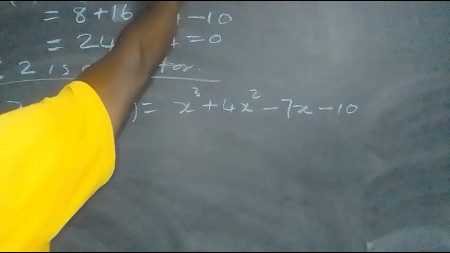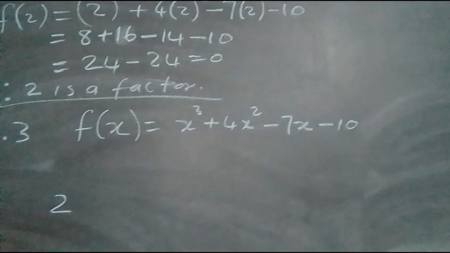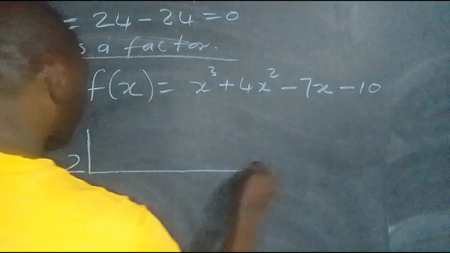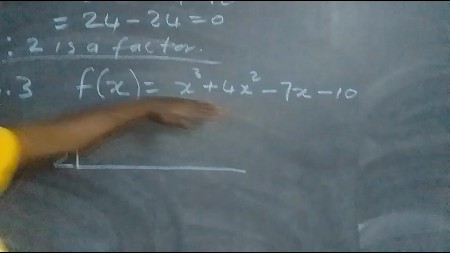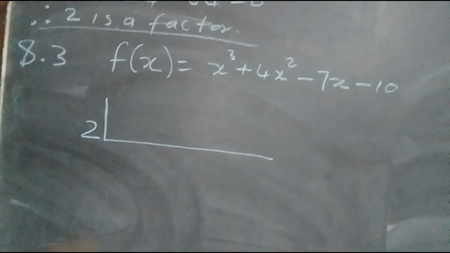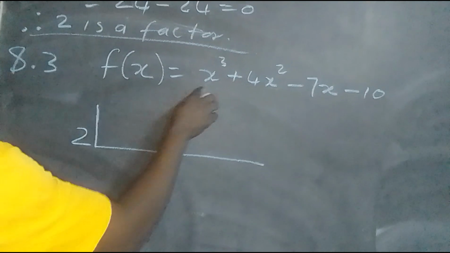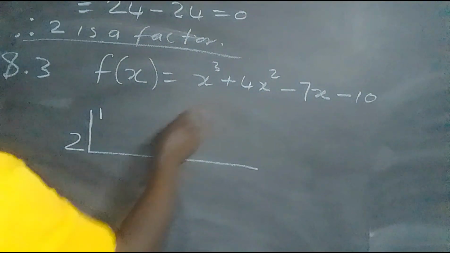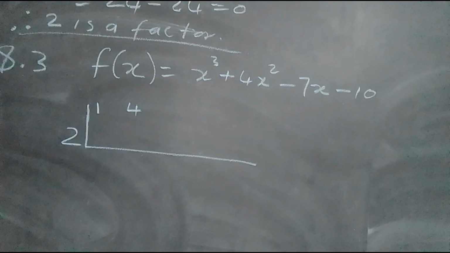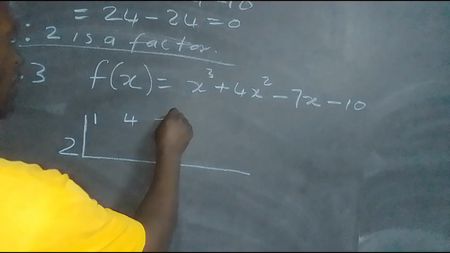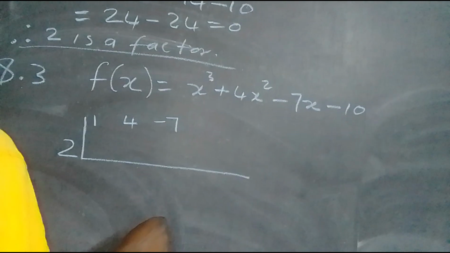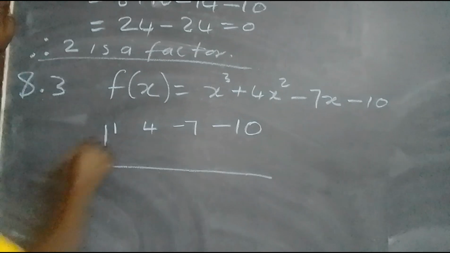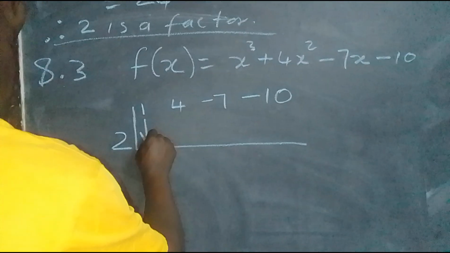So we find that x equals 2. Now we take the coefficients only: x to the power 3 has coefficient 1, x squared has 4, x has minus 7, and the constant is minus 10.